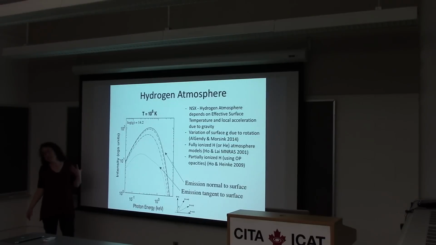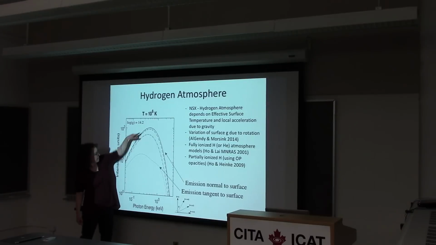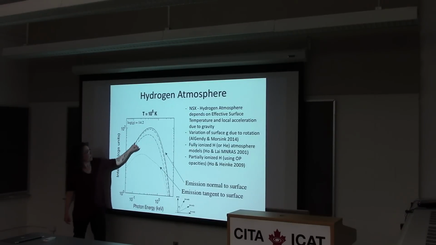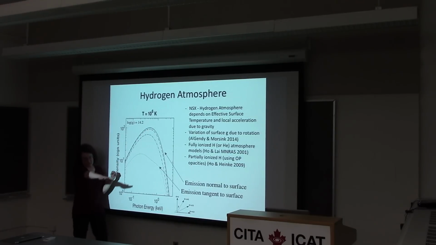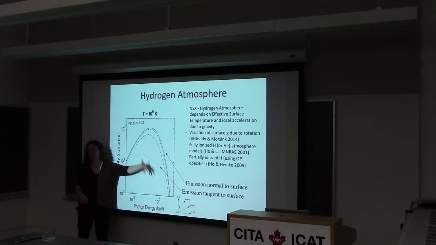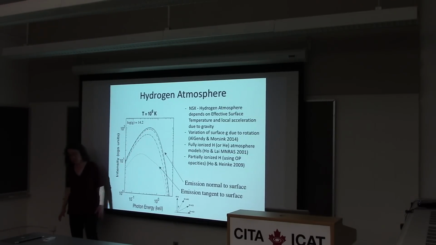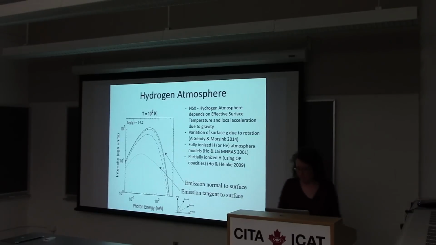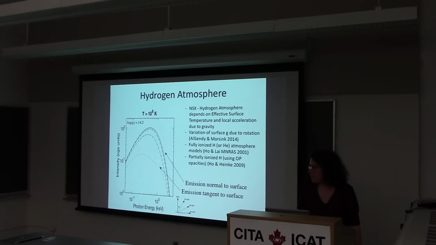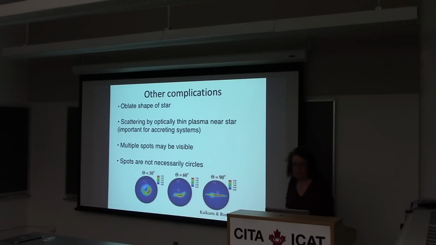But they tend to be somewhat beamed. So this is the spectrum for light emitted normal to the surface, and tangent to the surface is down here. This is basically treated as a bit of a black box that goes in, but that's computed. And with that, you can make predictions about how the light is going to vary with time.